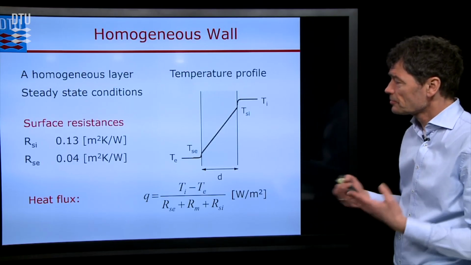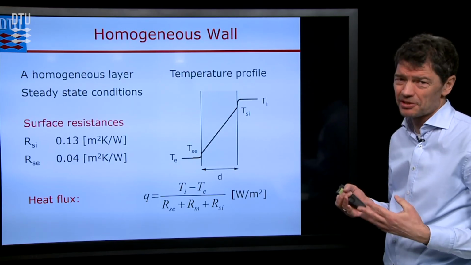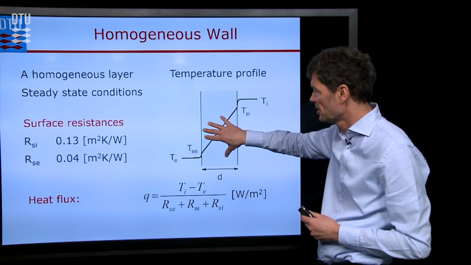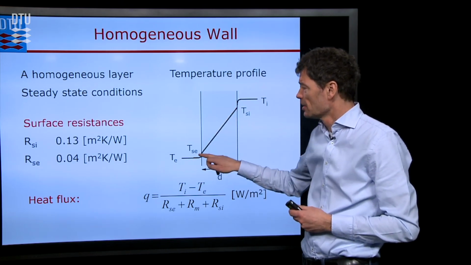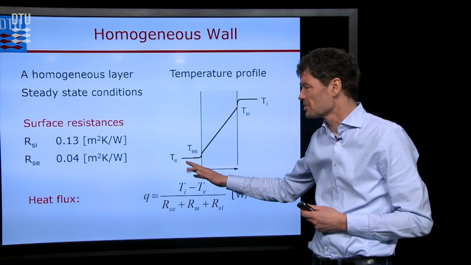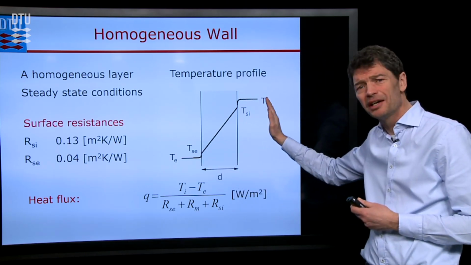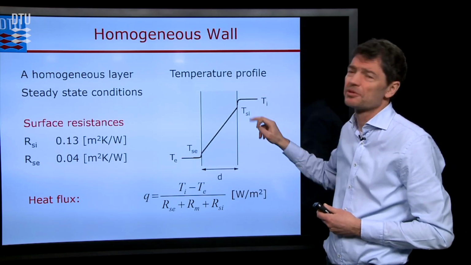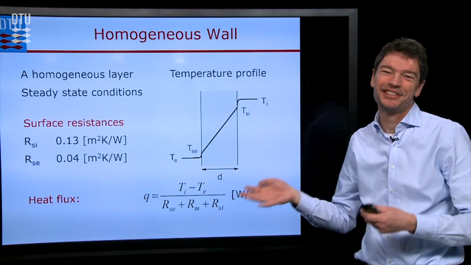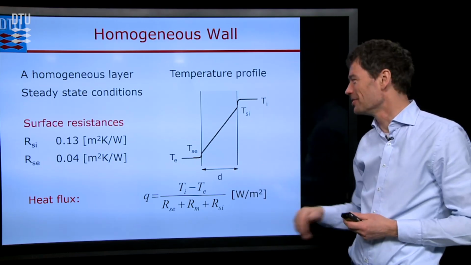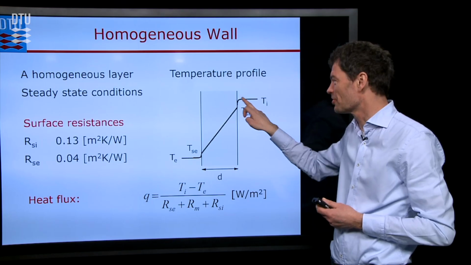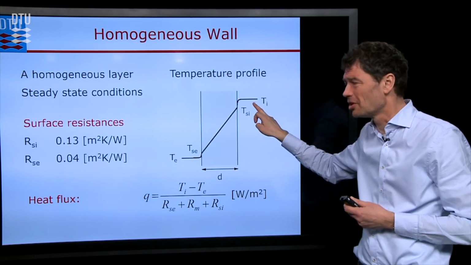So now, in order to calculate also for real constructions, we should consider not only the material, but also that we have conditions taking place at the surfaces. Here, supposing the exterior surface on the left and interior surface on the right, that's actually convection and radiation, as we explained in the introductory lecture. That is the heat transfer mechanism at those surfaces.